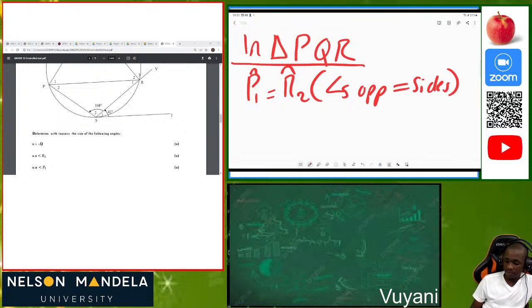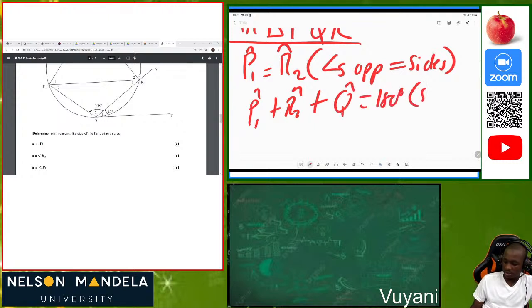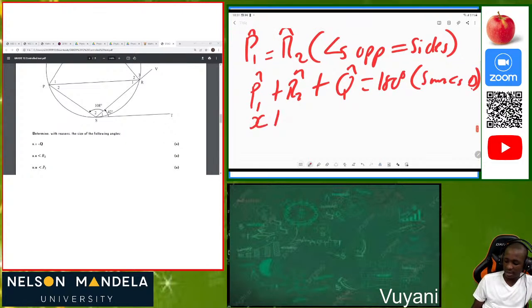All right. Now we know that our Q is 72. So now we can determine the angle R2 by saying that P1 plus R2 plus angle Q is equal to 180 degrees. What's the reason? Sum of angles of a triangle. Then P1 and R2 are the same. So if this one is x, this one is also x, plus angle Q, which is 72 degrees, is equal to 180 degrees.